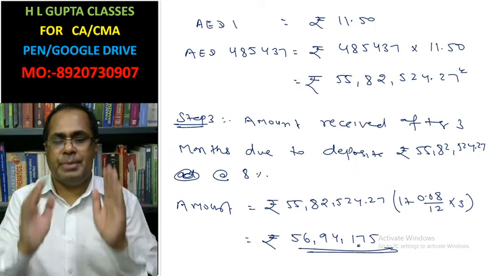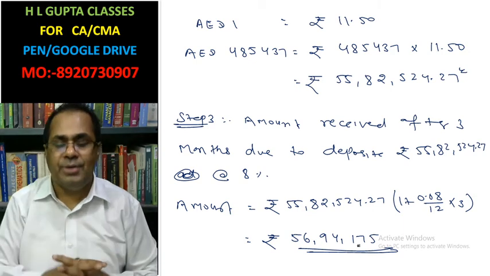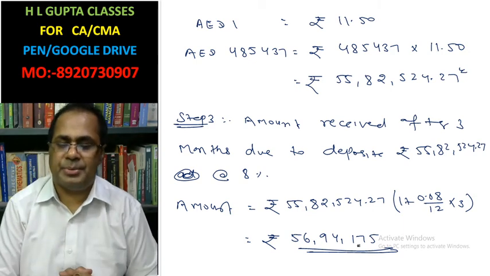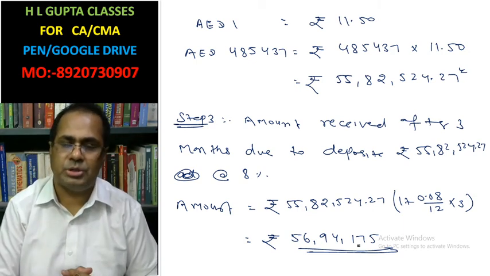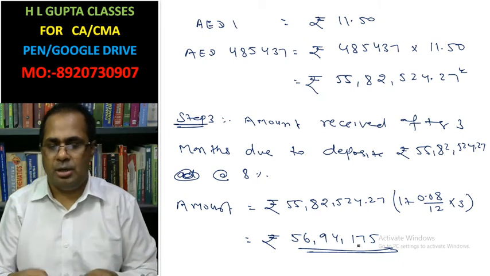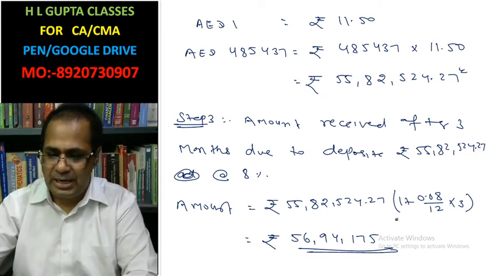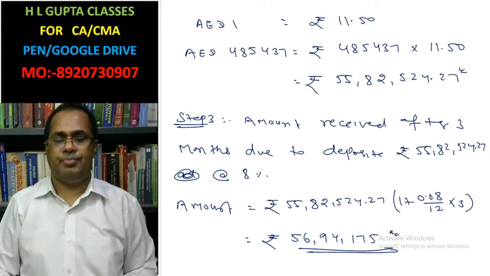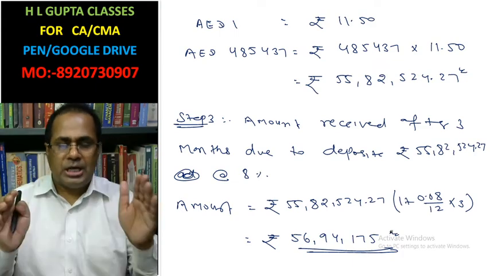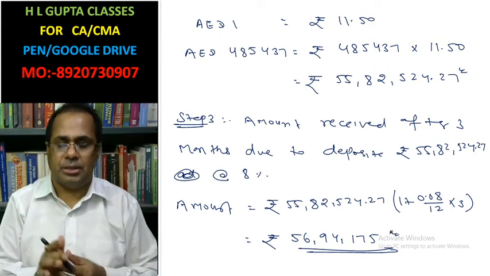As per money market operation, you will receive rupees 56,94,175. There is another alternative of hedging.